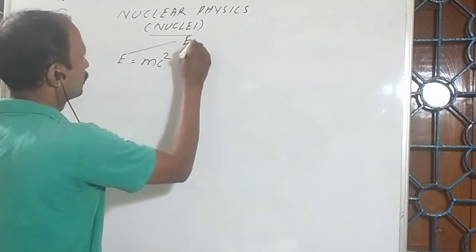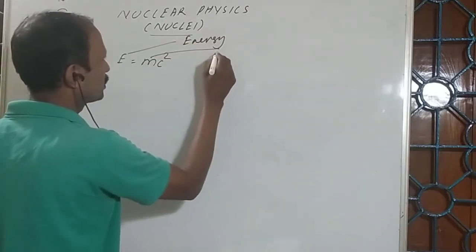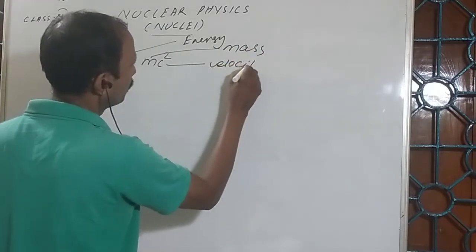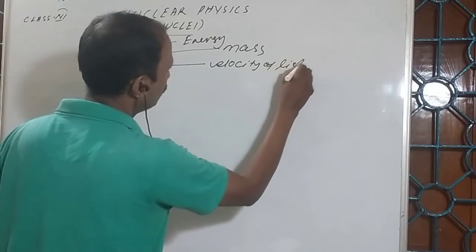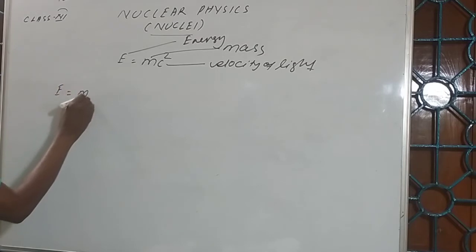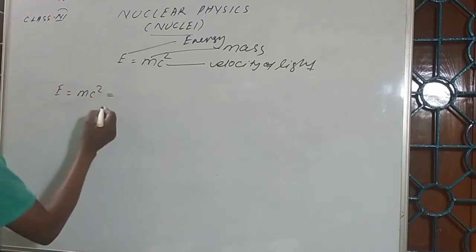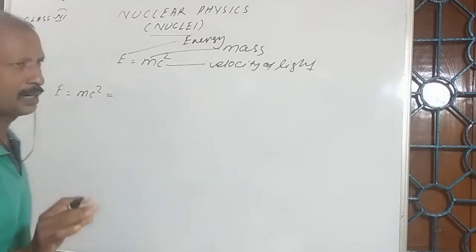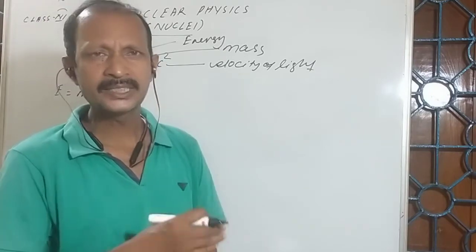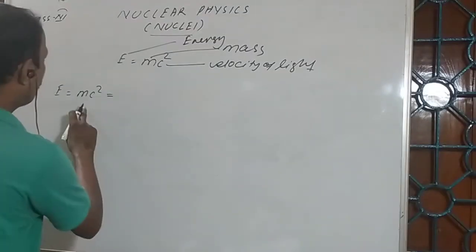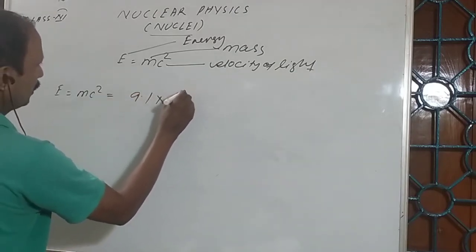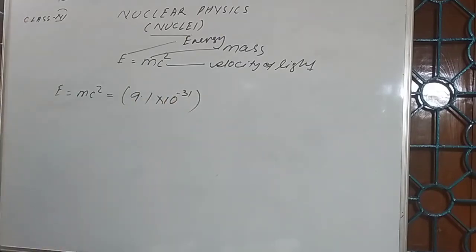E stands for energy, m stands for mass, c stands for the velocity of light. So m is the mass of an electron. I want to convert the mass of an electron into its equivalent energy. So E equals mc squared, and I can write 9.1 × 10^-31. This is the mass of an electron.